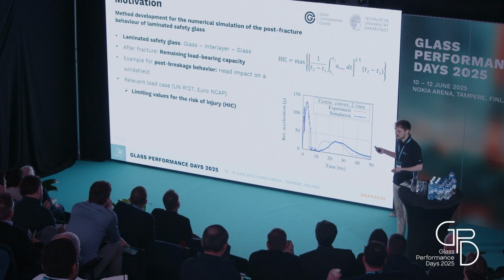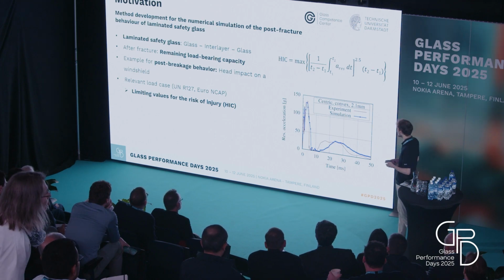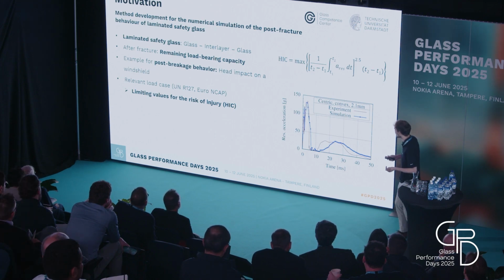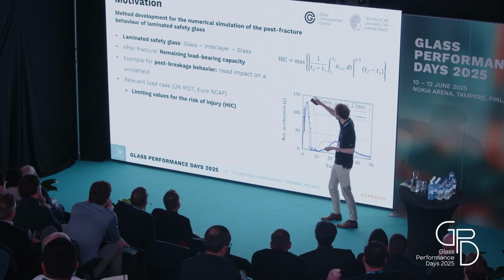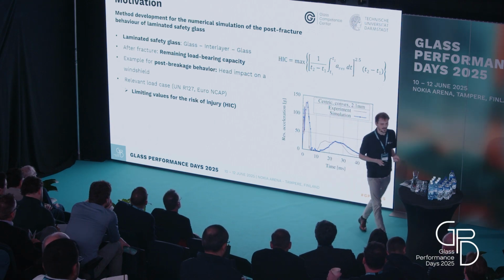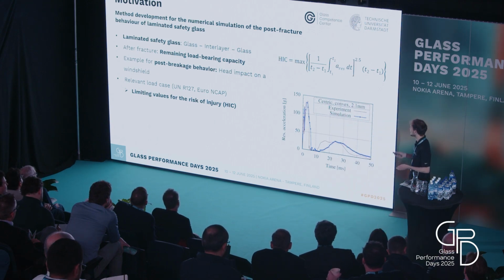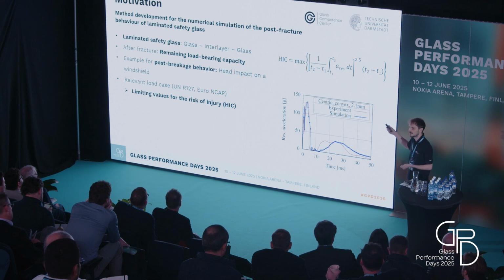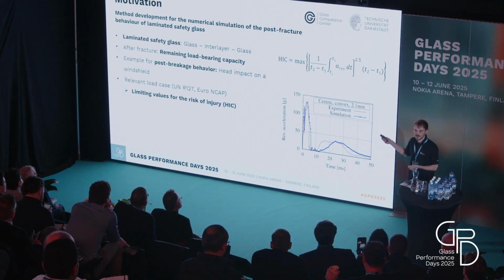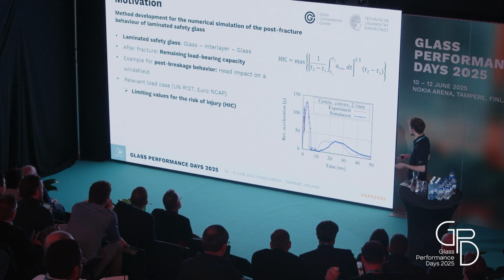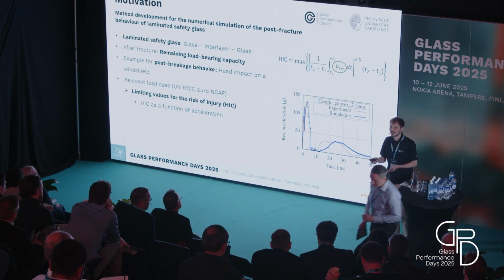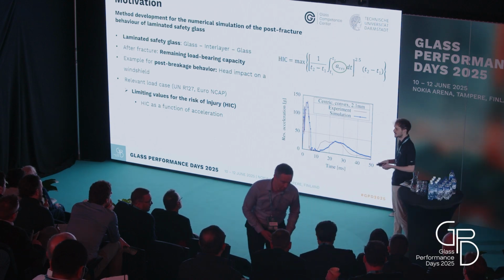This load case we've seen here is the Euro NCAP test, and from that test we get the HIC value, the head injury criterion. This means the higher this value is, the higher the risk of getting injured, for pedestrian safety or for occupant safety. It is a function of the acceleration of this head impactor.